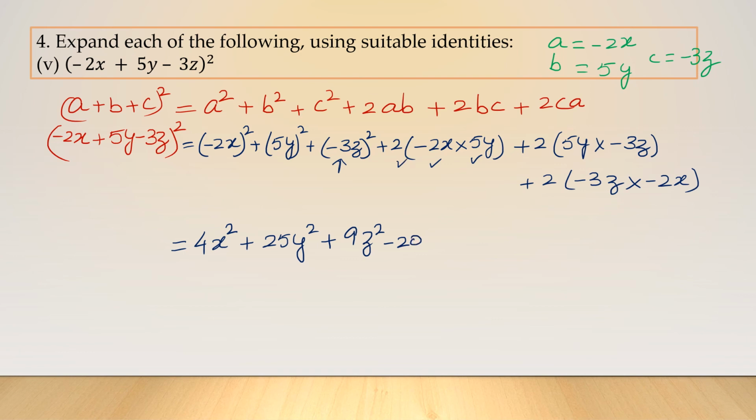So minus 20 xy. Now minus 3 into 5 is minus 15. Minus 15 into 2 is minus 30. Minus 2 into minus 3 is plus 6. Plus 6 into plus 2 is plus 12. Plus 12 zx. So now we have expanded the fifth part also.